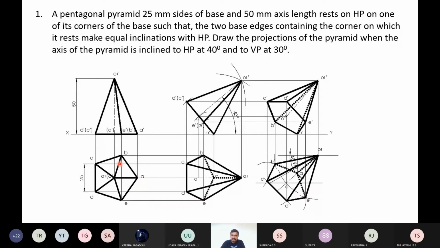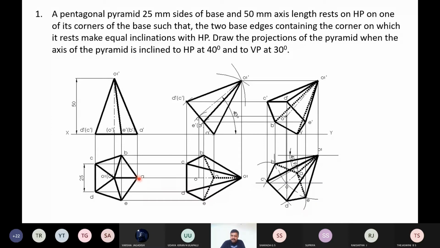Since it is a pentagonal pyramid, in the base there will be a pentagon. It is resting on one of the corners of the base. In a pentagon there are 5 corners, whereas it is resting on only one of the corners. So here I am going to draw the initial view. I will draw the pentagon first, and I will take the resting corner towards the right.